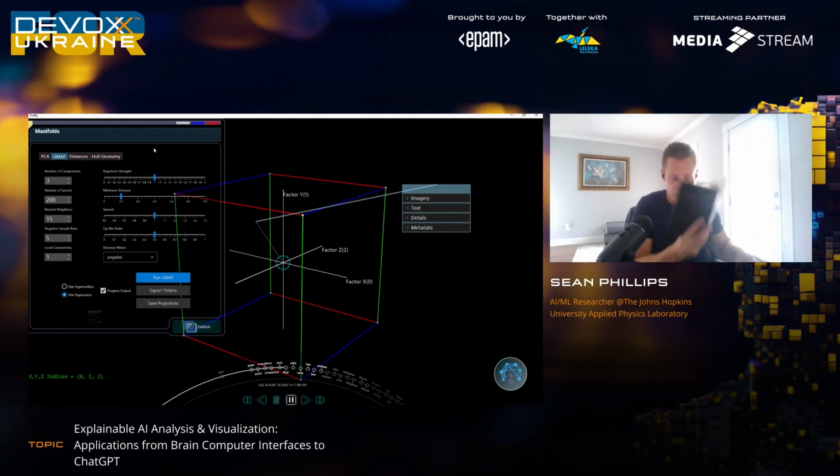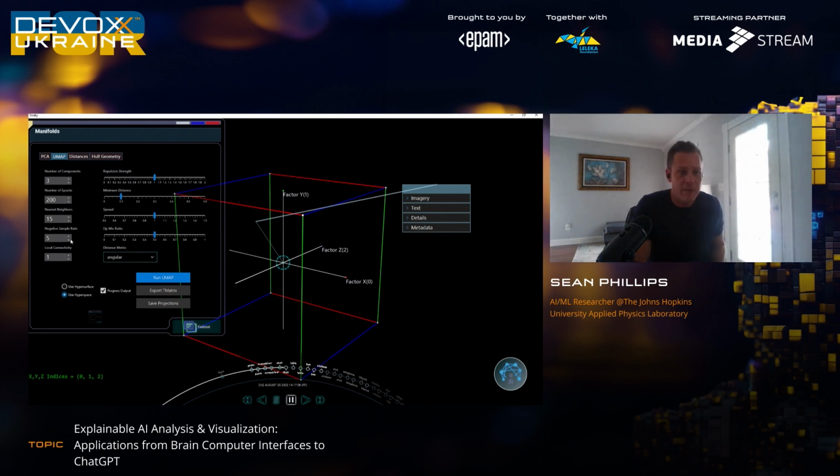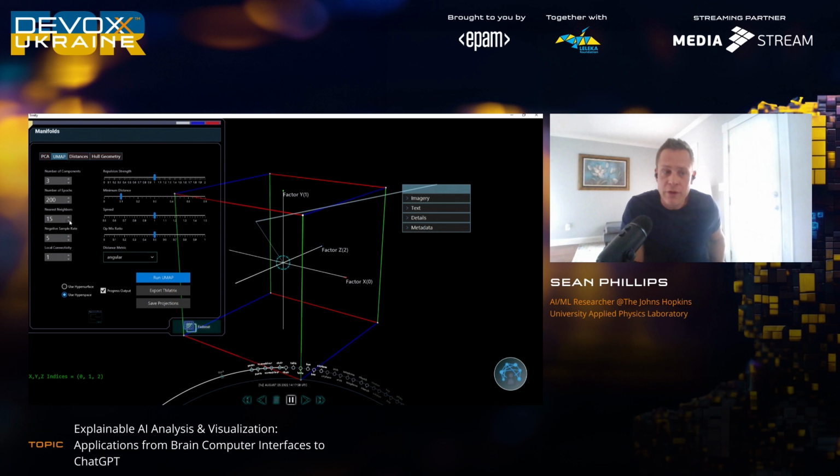So I wrote some settings down because I've done a lot of testing over the years. And one of the problems when you do these sort of dimension reductions, and in this case, I'm using UMAP, which was published in 2018, I want to say, and it stands for Uniform Manifold Approximation Projection. I'm pretty sure I got that right.